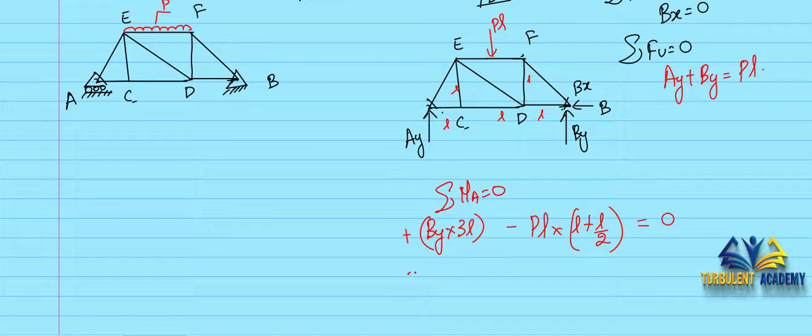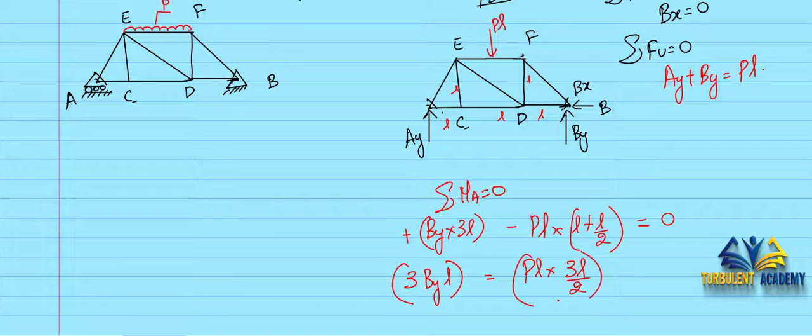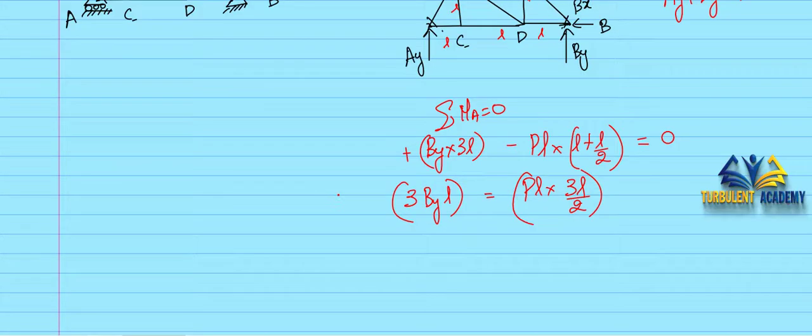Now, 3 By L is equal to PL into L plus L by 2, which is 3L by 2. If you solve further, 3 and 3 get cancelled, and L and L get cancelled. So By is equal to PL by 2.